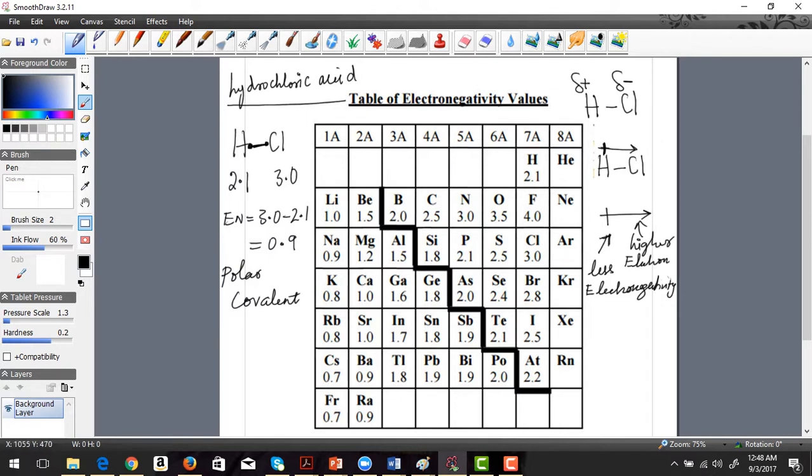So this was 2.1 and this was 3.0. So this one is higher than the other, so the arrow points towards it. Both representations are correct. All right.